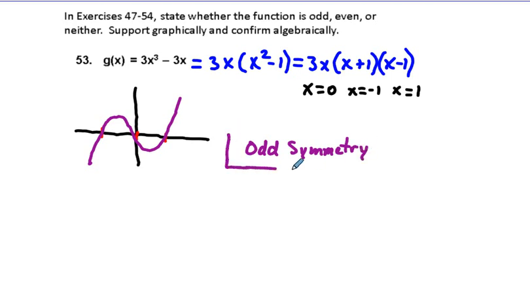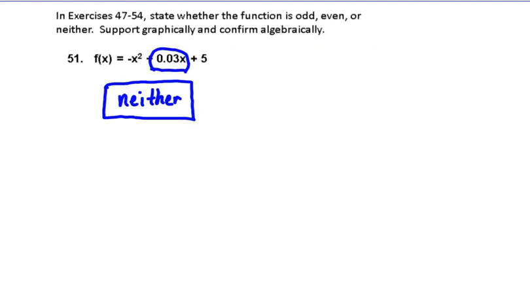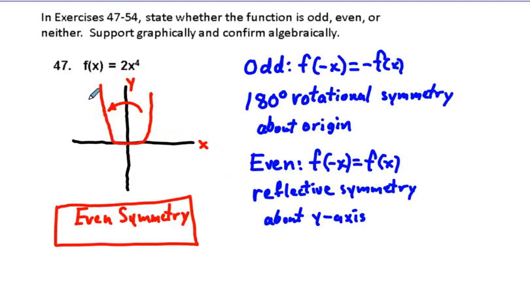Now, one thing you may notice over time is that the highest power of this polynomial is to the third power, which is an odd number. And if you look back at number, what's the first one we started with? 47.